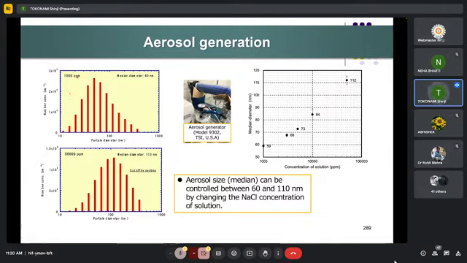With 1000 ppm, the median diameter was estimated to be 60 nanometers. But in the case of 50,000 ppm sodium chloride solution, the median diameter was estimated to be 113 nanometers.